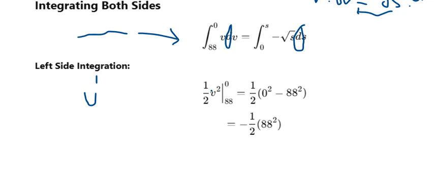Your integration is happening over the motion analysis from 0, your initial, and then your final. So 0, I'm just going to write 88, and then this is 0, your 0 and 88. My brain is like backwards of your brain.